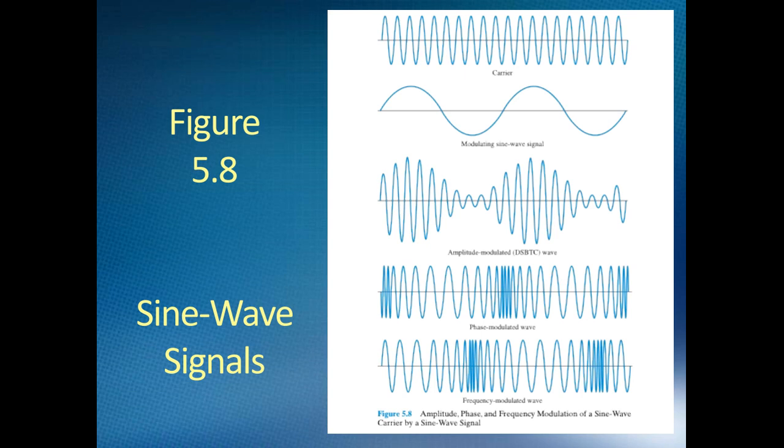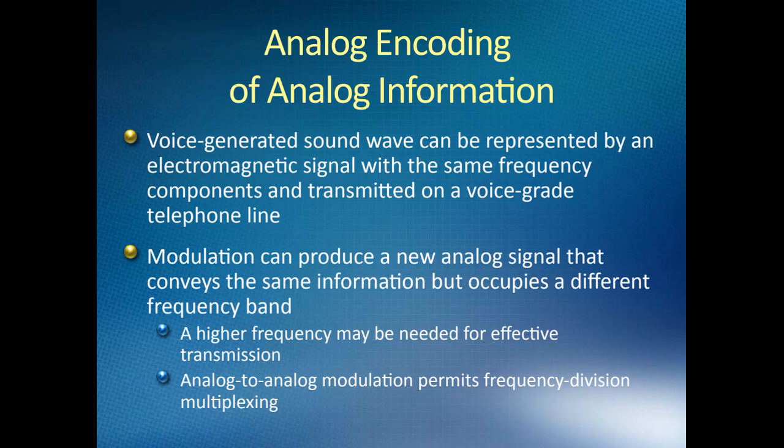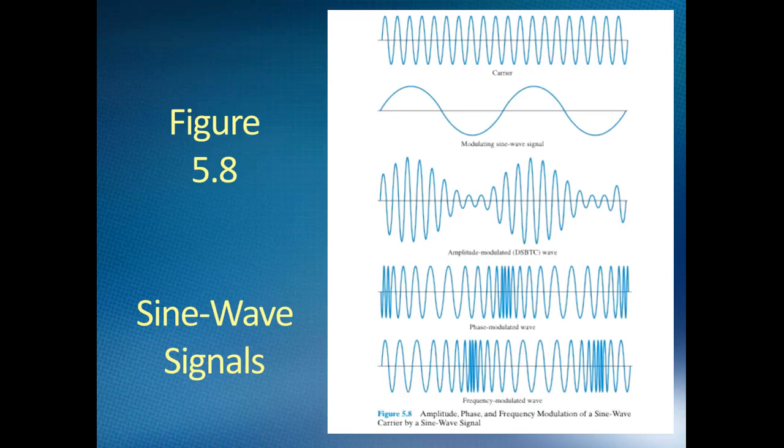Please remember this: for analog encoding of analog data, these are the three methods. Don't forget them. Amplitude modulated wave, phase modulated wave, or frequency modulated wave. Okay?